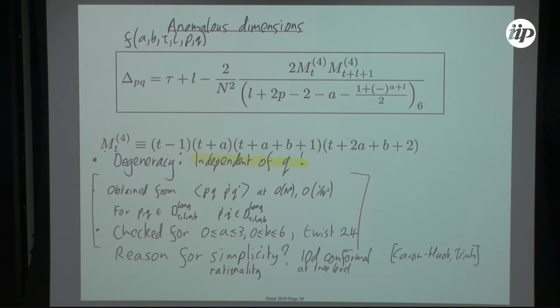Okay, and of course, this is now explained in terms of this 10D conformal symmetry we've just been hearing about. So the point there is that in 10 dimensions, there's really only one operator for each spin. And all these operators somehow come down from a single operator for each spin.